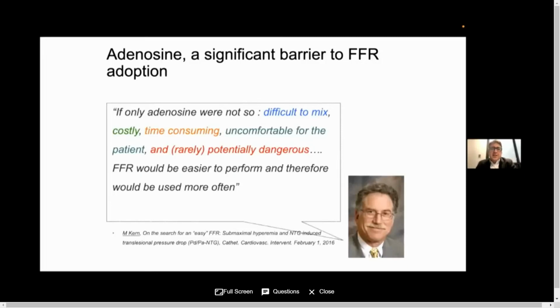And subsequently, you've seen that many of the leaders around the world, including Mort Kern, essentially were saying that FFR was a good technique, but it wasn't used as often as it should be because of the barriers to entry. He lists adenosine and talks about it being difficult to mix, costly, time-consuming, and potentially dangerous for patients. And of course, it's usually uncomfortable for patients.